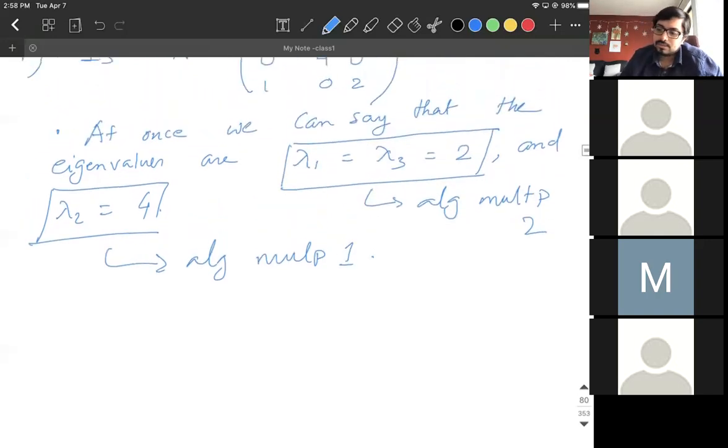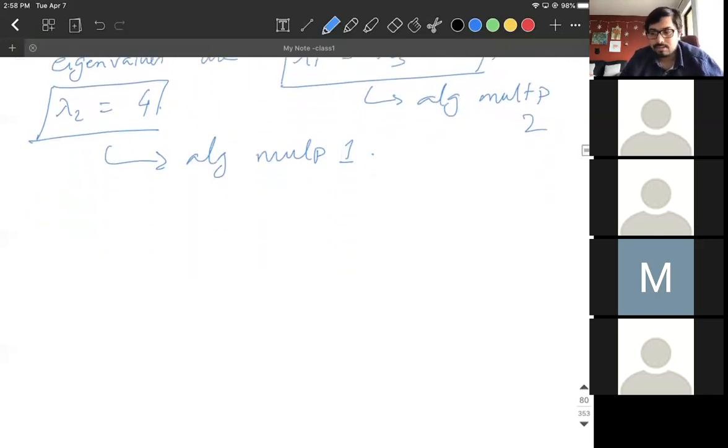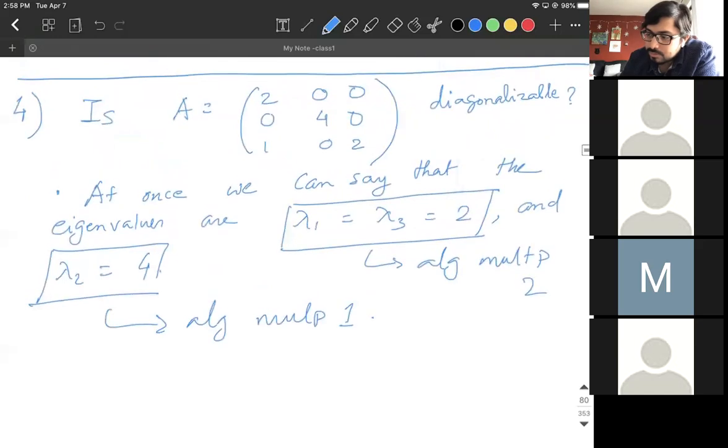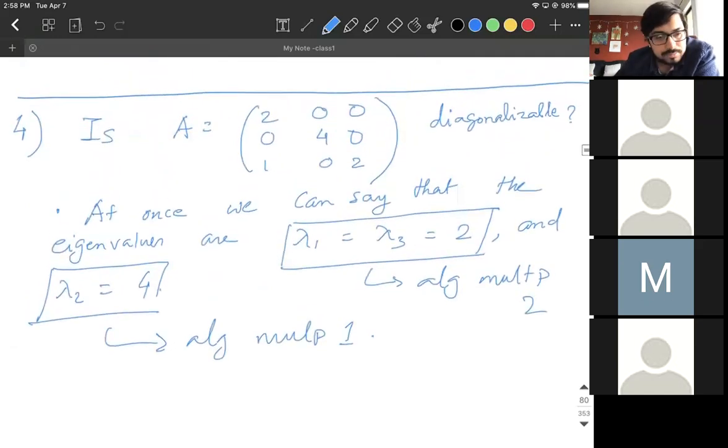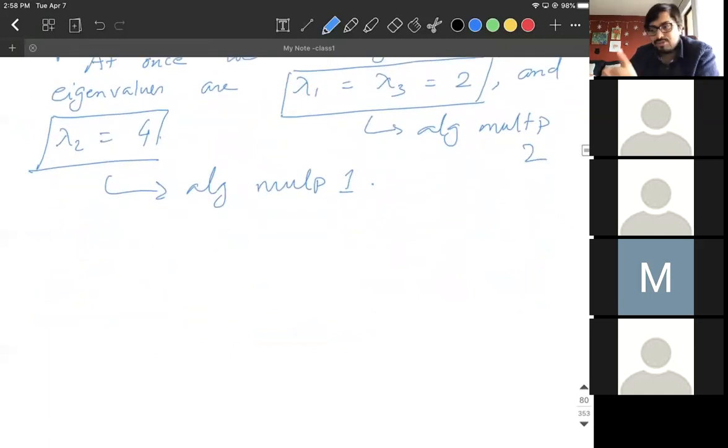So for eigenvalues whose algebraic multiplicities are 1, the corresponding geometric multiplicities would be 1. So you can leave those out and concentrate on those eigenvalues whose algebraic multiplicities are more than 1, because that's when the problem might arise. I mean, the geometric multiplicities might drop.